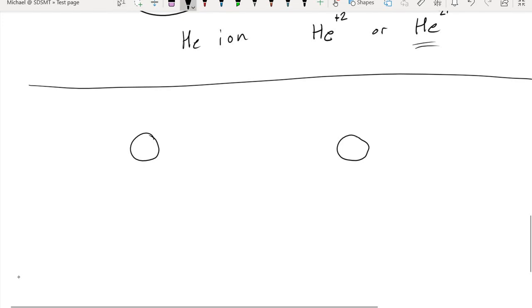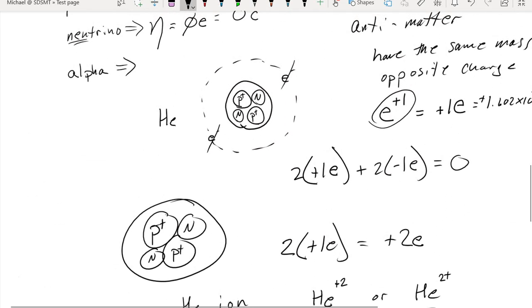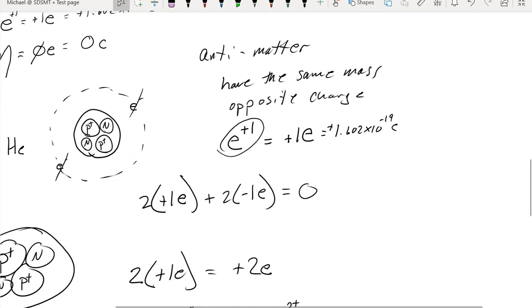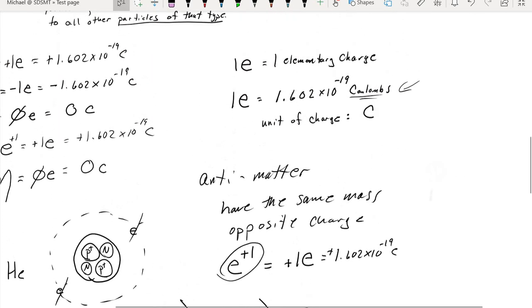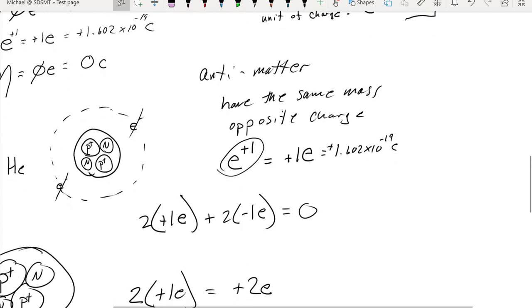Now it might make sense to use the letter C for charge, but we're actually going to use the letter C later on in the book to designate capacitance, and so I need something else as a label for charge. Well, we already said that charge was going to be quantized.